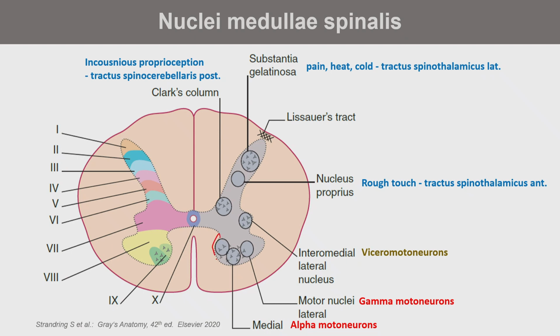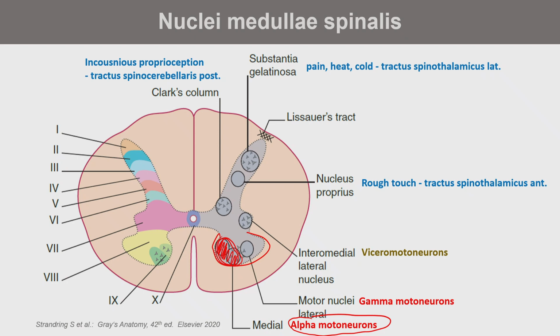So what is happening on the level of the spinal cord? On the level of the spinal cord, in the anterior horns, we have several groups, several nuclei of motor neurons. Here we have a more prominent population, which is more anterior and more medial in the anterior horn, and this is the medial group, which is alpha motor neurons.